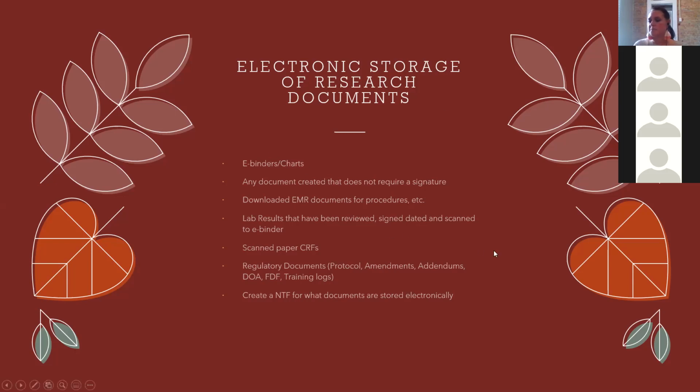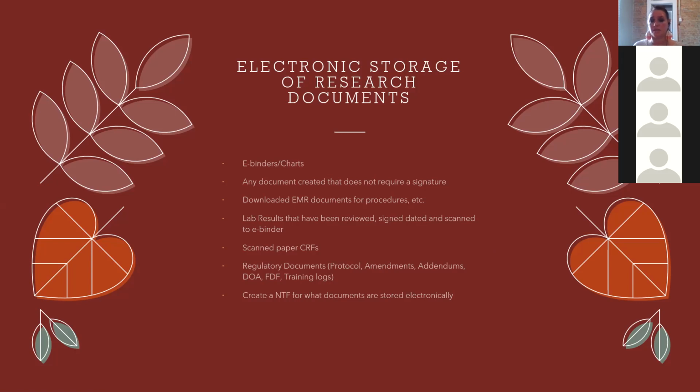Obviously, regulatory documents, so protocol amendments, addendums, I know that these are all required as part of the investigator site file if you look into the monitoring plan. However, you don't have to have the paper version in your binder. I've seen a lot of binders that are giant regulatory binders because they print out every single protocol and have every single version in there.